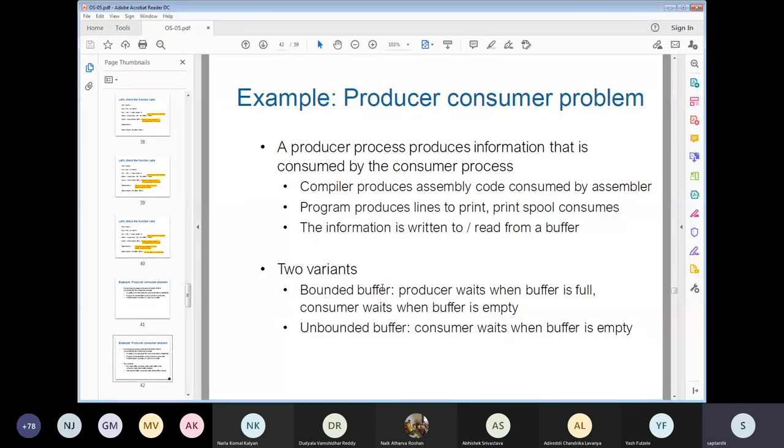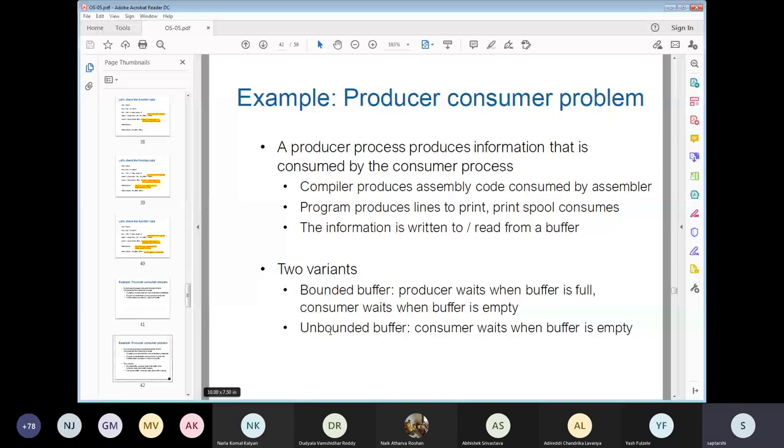So there is a concept of a bounded buffer getting full, and then the producer should detect it is full and it should wait. Whereas the consumer also has to wait if the buffer is empty. So maybe the producer has not produced anything, so the consumer has to wait until something is produced. This is a bounded buffer where both producer and consumer may have to wait.